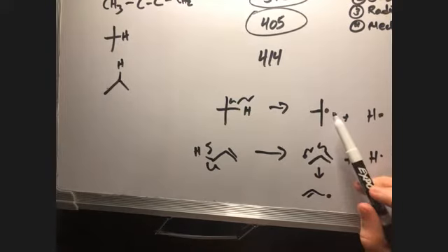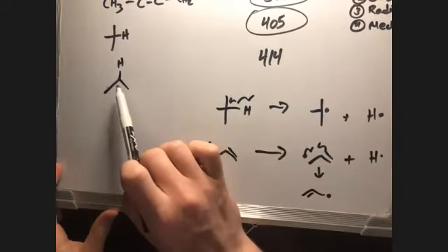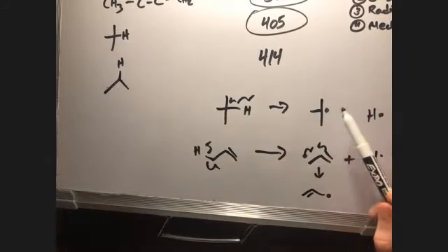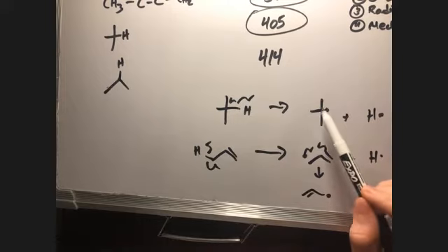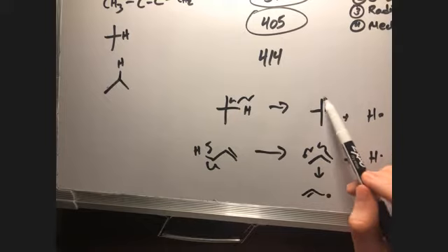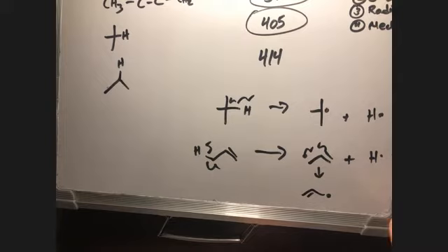However, this one takes less energy to break than this one because the radicals that have heavy substitution, like these methyl groups, are stabilized by induction from the methyl groups. So methyl groups are somewhat weakly electronegative, which means that they're slightly electropositive.